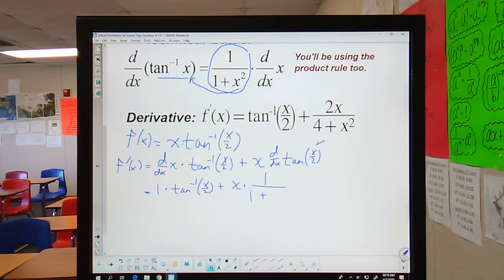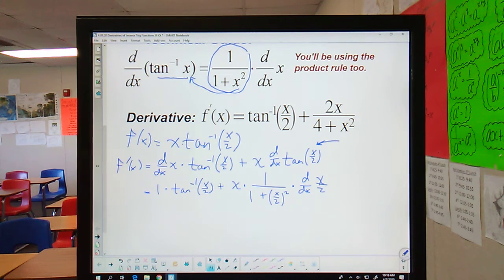Your unknown is x over 2. So it's x over 2 squared. And then it's times the derivative of the unknown. So times the derivative of x over 2, and that's the chain rule. If you're getting tired of hearing me say this about the chain rule, good. That means you're starting to really learn it.